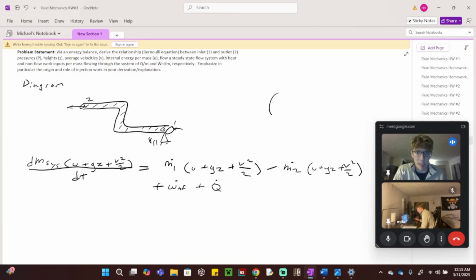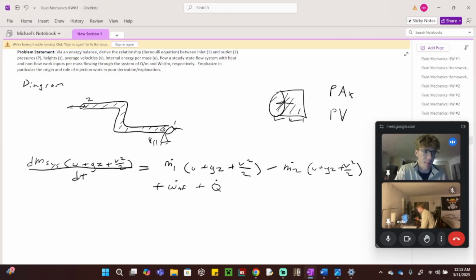So say we have our pipe here and we want to figure out how much work it'll take to add this volume of fluid. We have our area here and a pressure force, and we're going to call this distance X. So our injection work is going to look like P A X, and area times X gives us a volume V. So we have pressure times volume.